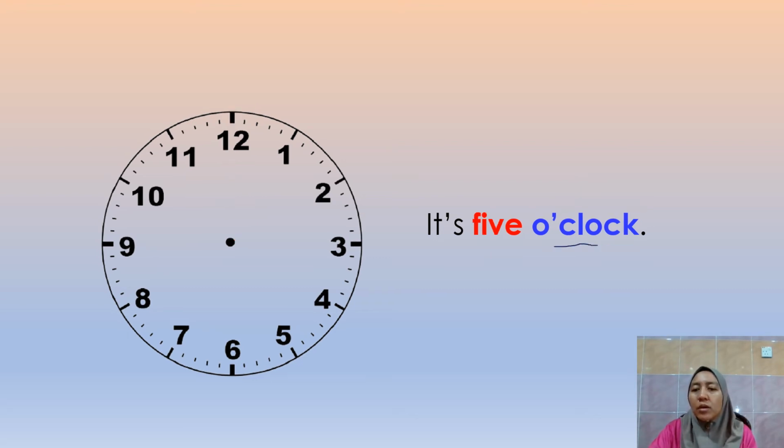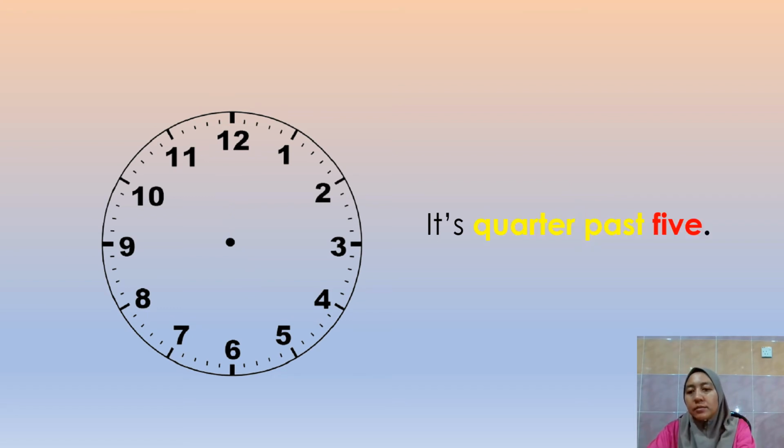Okay, terus je. 5 o'clock lah teacher. O'clock ni kosong-kosong. Pergi kat sini kosong-kosong. Okay, 5. 5 maksud dia 5. So jarum pendek pergi ke 5. Kalian ingat. Okay. Next.